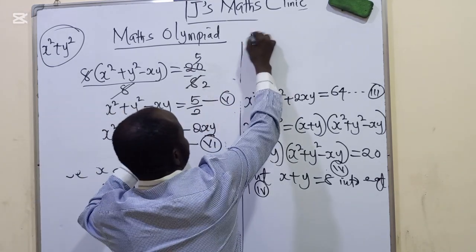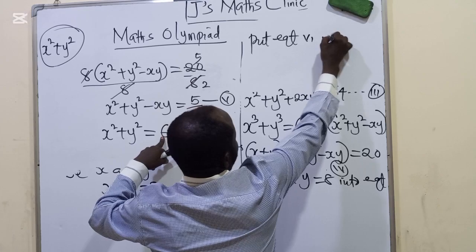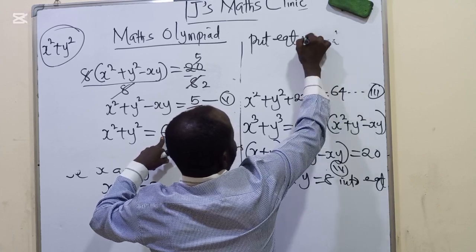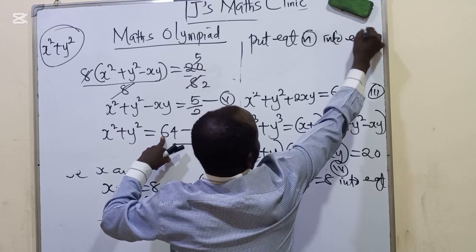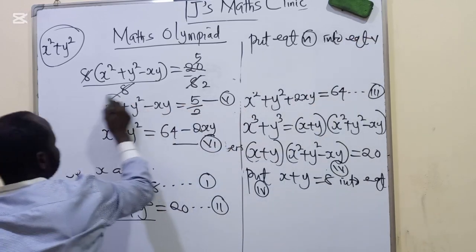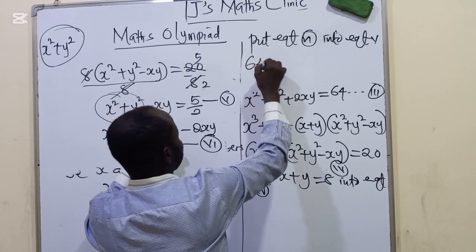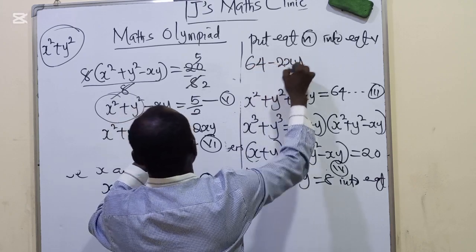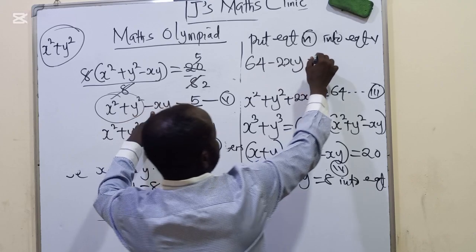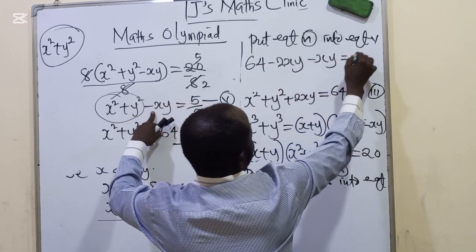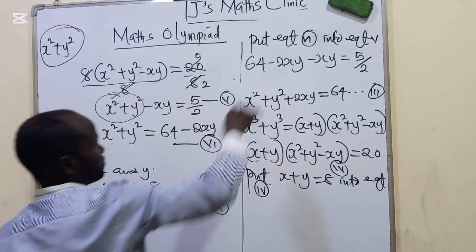So we put equation 6 into equation 5. In place of this x squared plus y squared, it will now be 64 minus 2xy, minus xy, will be equal to 5 divided by 2. Very important.